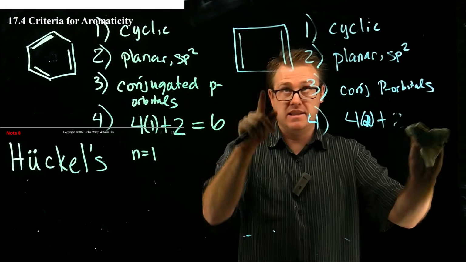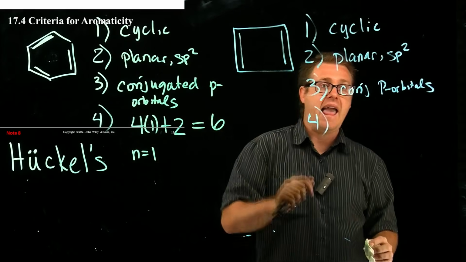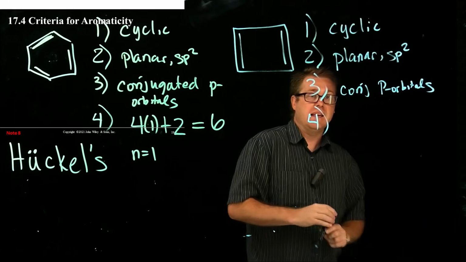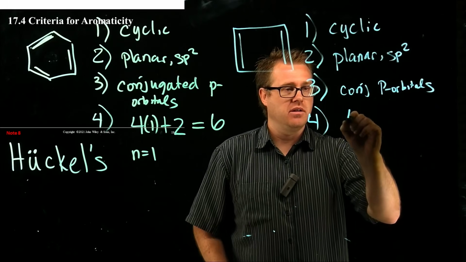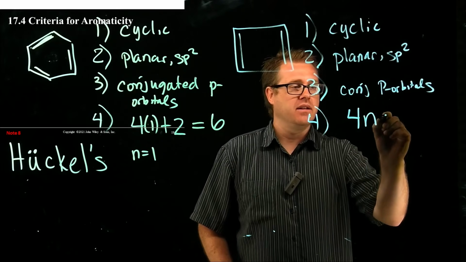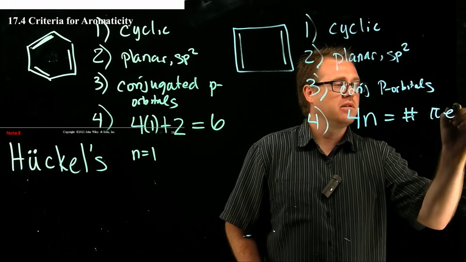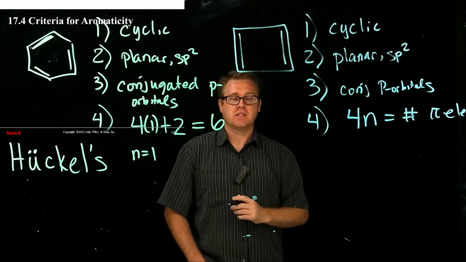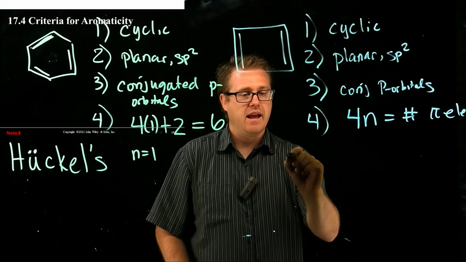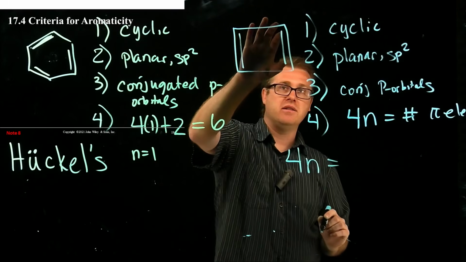So is cyclobutadiene non-aromatic or anti-aromatic? If it's anti-aromatic, there's a new equation: 4n equals the number of pi electrons. All right. So if we take that equation now and look at it again, how many pi electrons are there?